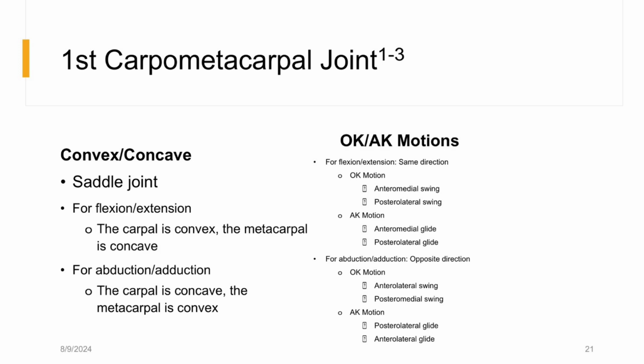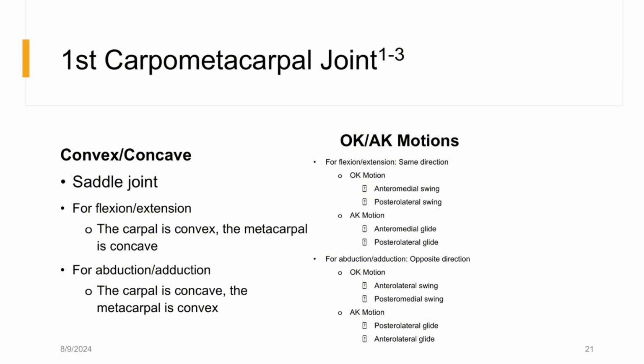For abduction and adduction, the convex portion of the first metacarpal is going to be moving on the concave portion of the trapezium. Therefore, for flexion and extension, the osteokinematic motion and arthrokinematic motion are going to be in the same direction. For abduction and adduction, they are going to be in the opposite direction.